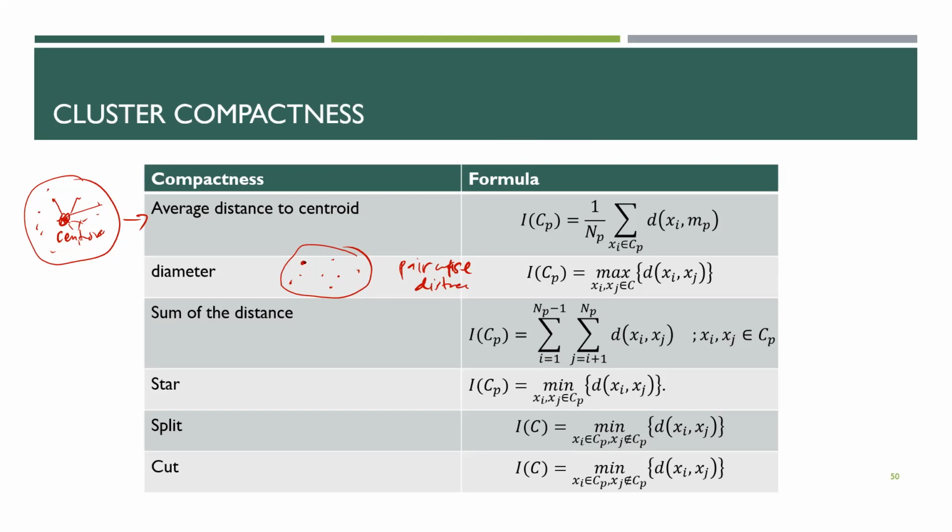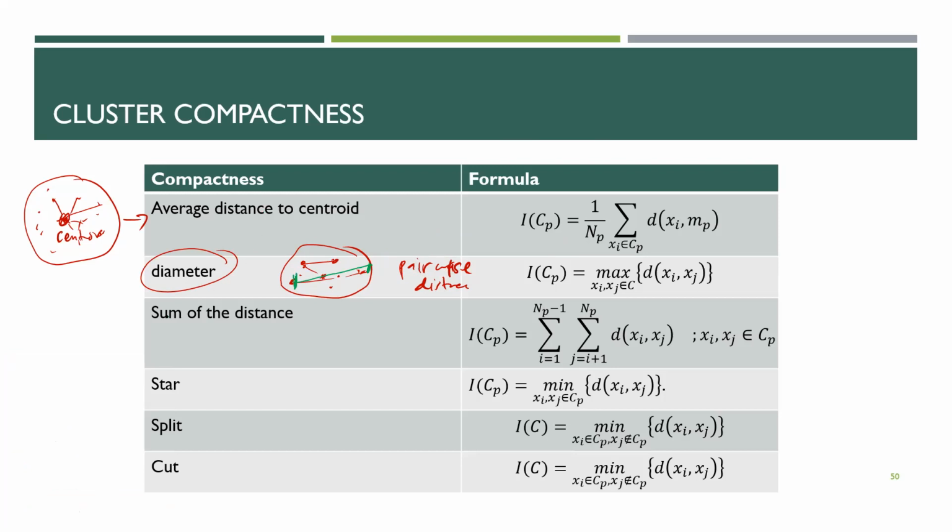For example, this data point to here, here to here, this one to this one. And the diameter is the biggest one. It finds the biggest range, for example, from here to here. That's the diameter.